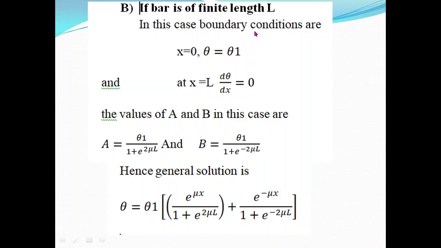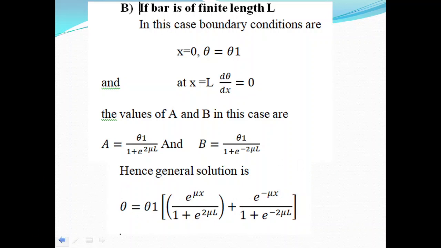If we put these boundary conditions and solve the equation, we get the values of a and b as a equals theta 1 upon 1 plus e raised to 2 mu L, and b equals theta 1 upon 1 plus e raised to minus 2 mu L. Hence the general solution is theta equals a into e raised to mu x plus b into e raised to minus mu x.